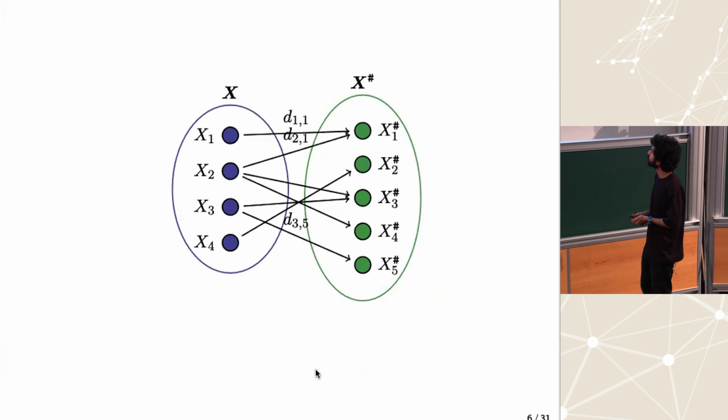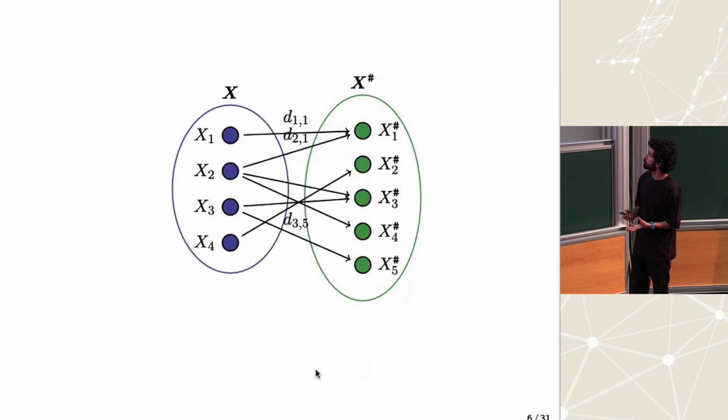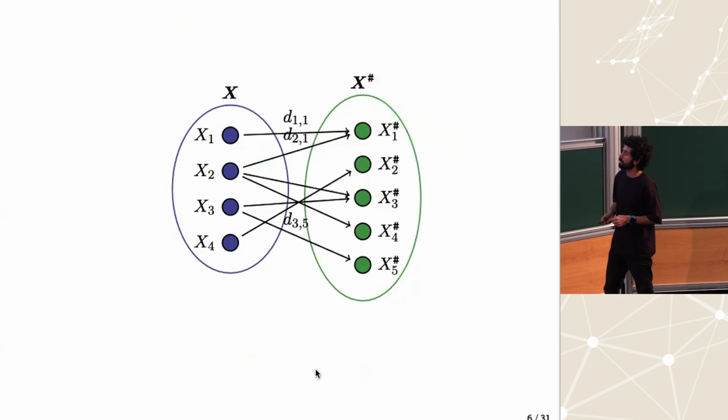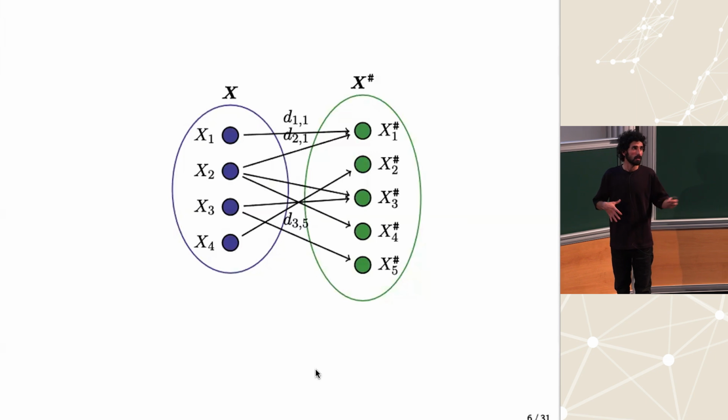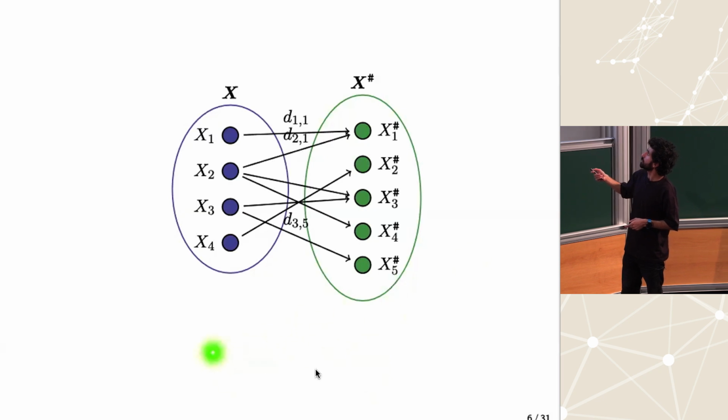To give you an illustrative picture of what is happening, we have our X_1 through X_n, and we have our X'_1 through X'_m, and we have some distances between each other, and we want to find the matching of these two sets. Notice that here the sizes are not the same.